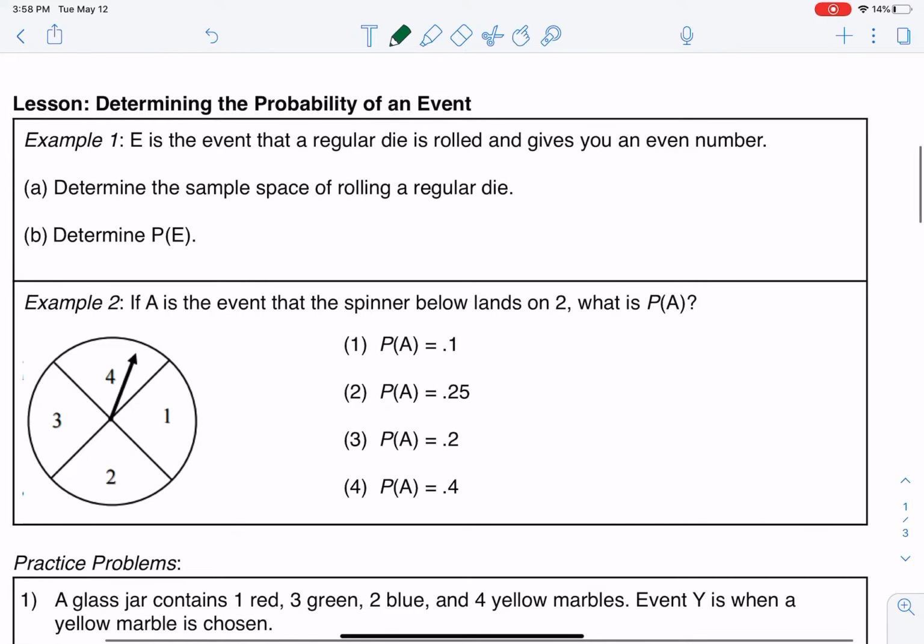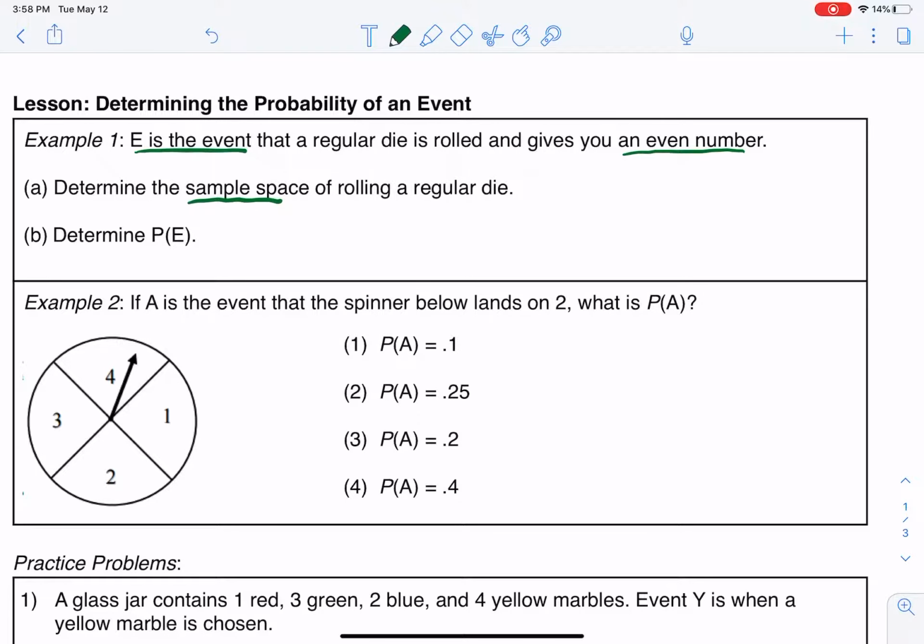Okay, so example 1. E is the event that a regular die is rolled and gives you an even number. That's the event being described. We want to determine the sample space of rolling a regular die. What are the possible outcomes when you roll a die?